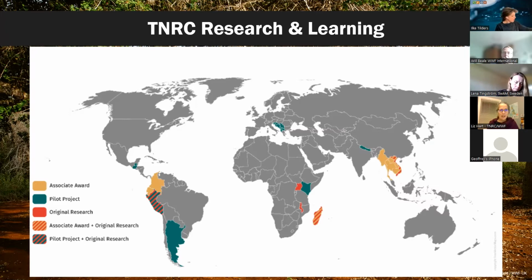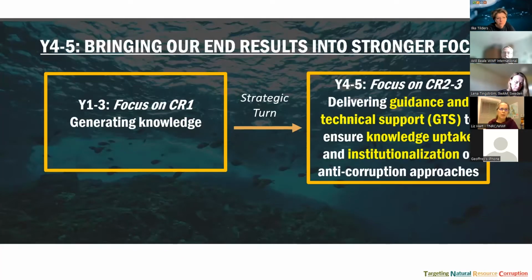And then just to say a little bit about some of the adaptations we're making as we come into the later part of our project. In our first 3 years, as I mentioned, we were mainly focused on Common Result 1, generating knowledge. And we've initiated in this past year what I call a strategic turn. So we're not changing strategies, but we're changing emphasis and moving more toward delivering guidance and technical support.